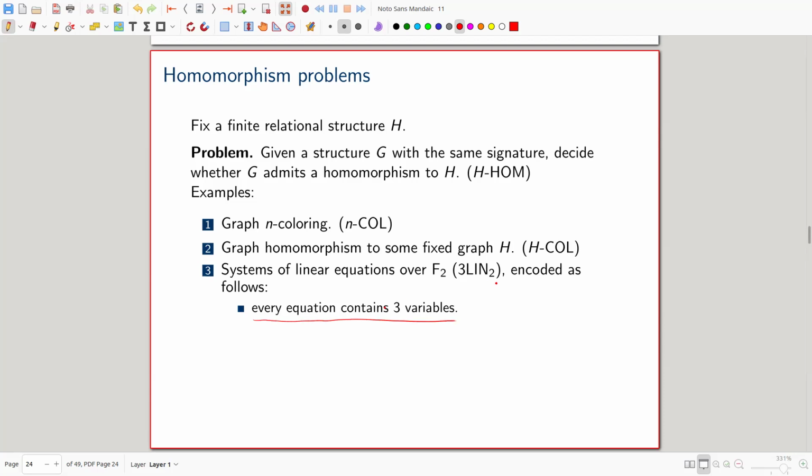You can assume that every equation has at most 3 variables, and then you introduce this structure, which sort of encodes what is the sum of these variables, and you easily check that a homomorphism to this encodes a solution to some system of linear equations, and then you can of course do it for finite fields over some larger characteristic set.